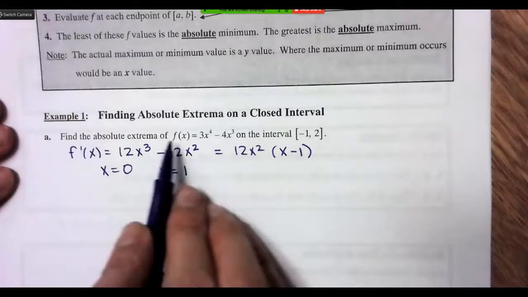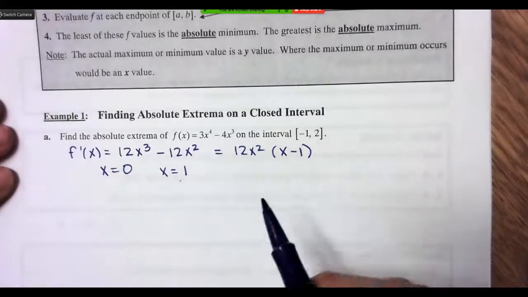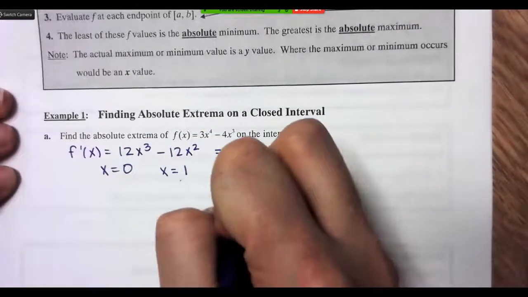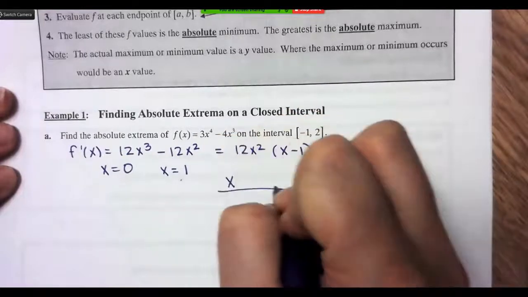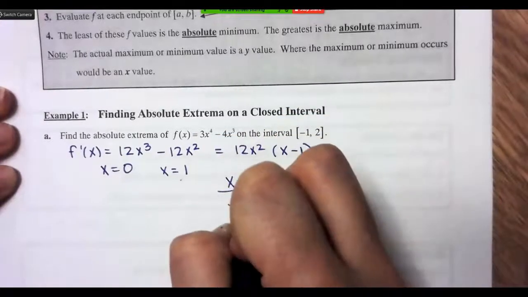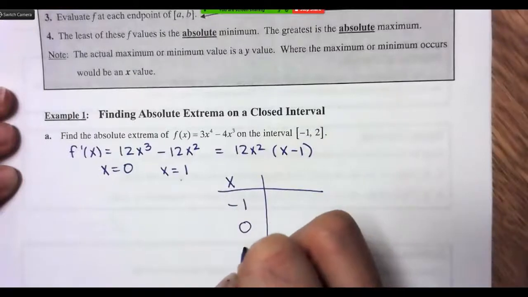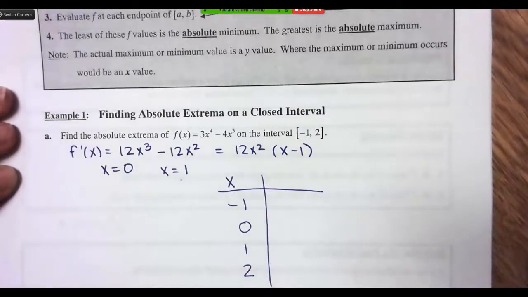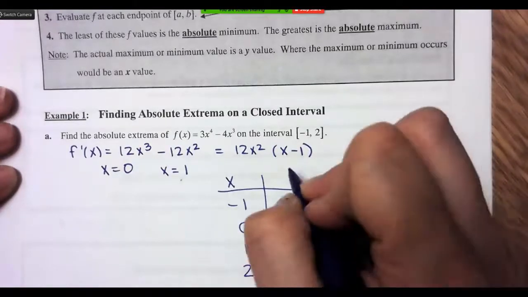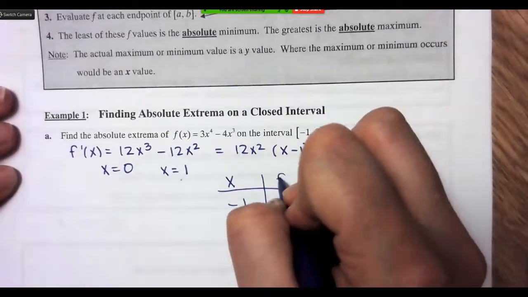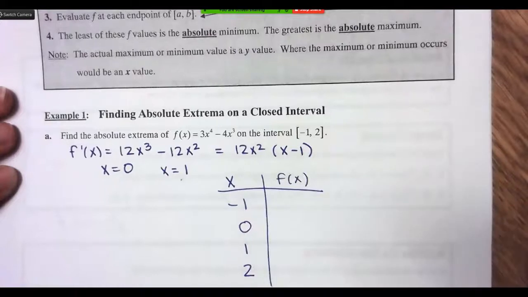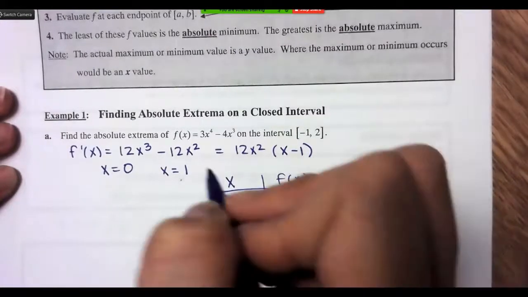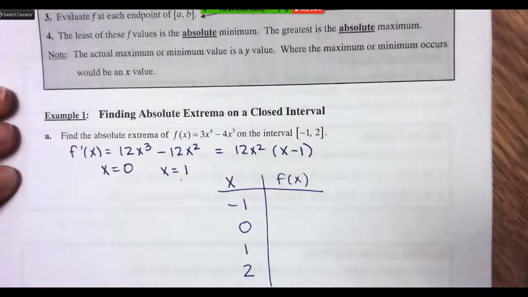So if it asks me to find an absolute extrema, I need to take the critical points and my endpoints. So negative 1, 0, 1, and 2. And I need to find the f of x values. So we're finding the f of x by plugging back into the original.